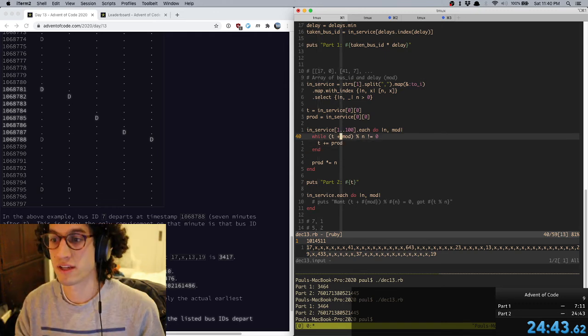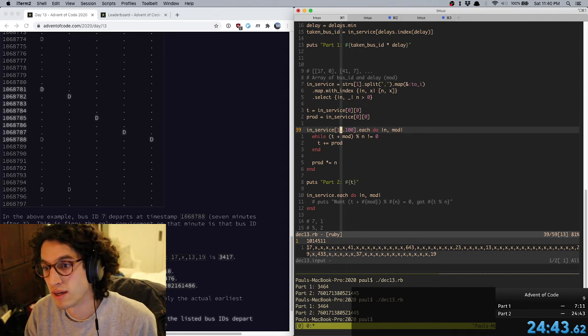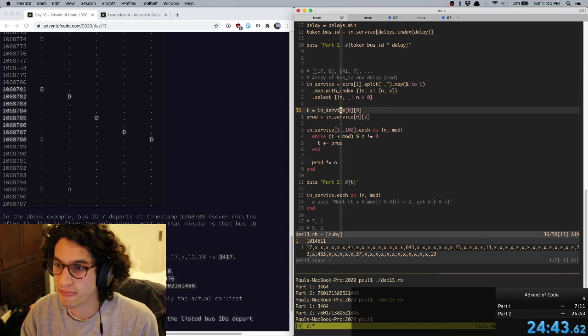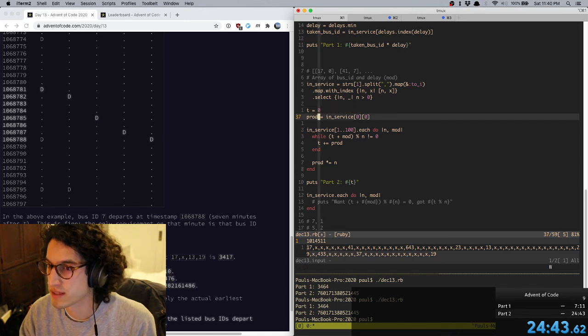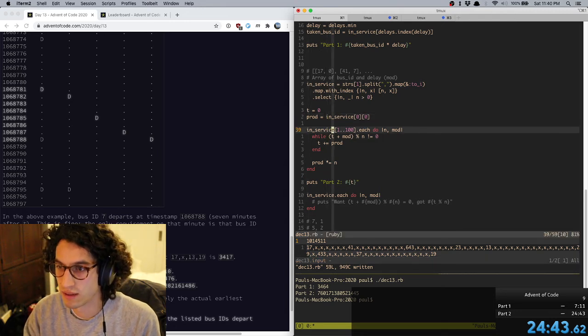Oh yeah, a good inductive way to prove why this works is, let's see, does this work like this? Yeah.